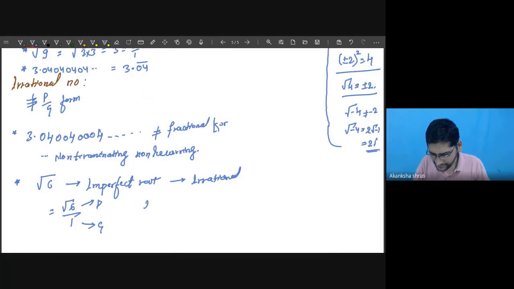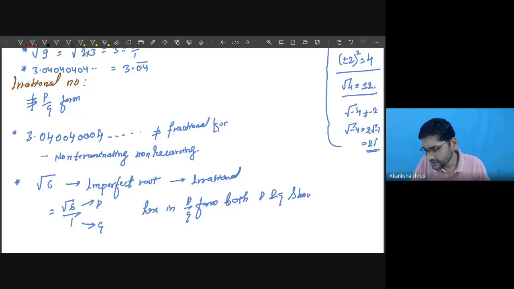So here in P by Q form, both P and Q should be what? Integers.